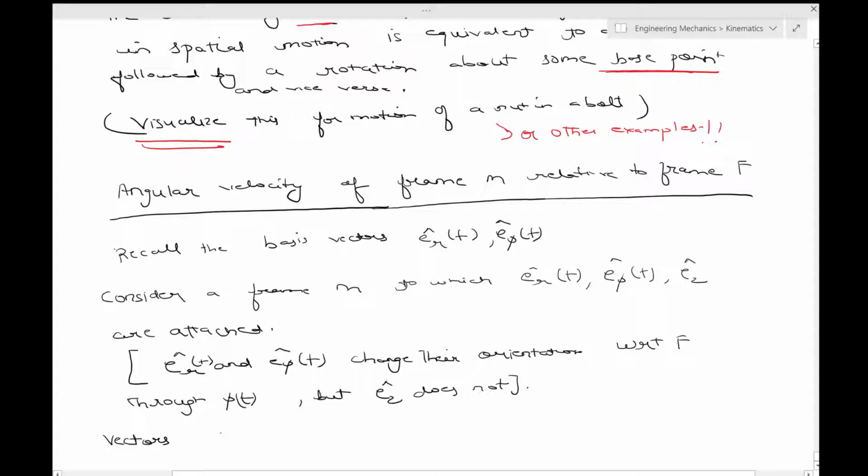So you have vectors i hat, j hat, k hat embedded in frame F.